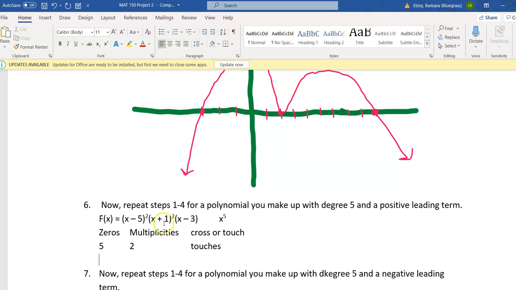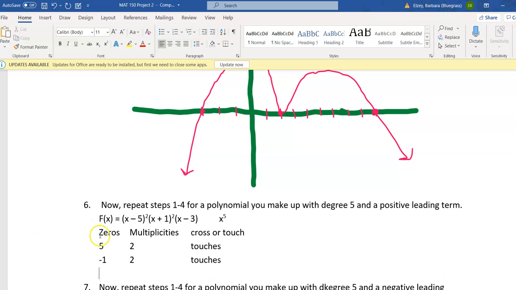Next 0 is opposite of the 1, so -1. Its multiplicity is 2 again, and that means it touches. And then the last 0, opposite of negative 3, is positive 3. Its multiplicity is the unwritten exponent 1. And if our multiplicity is odd, that means it crosses.